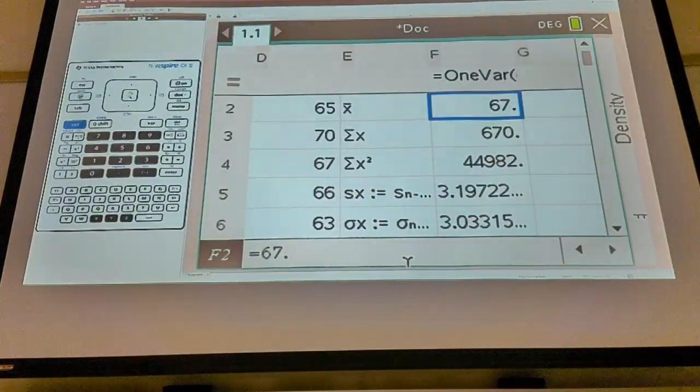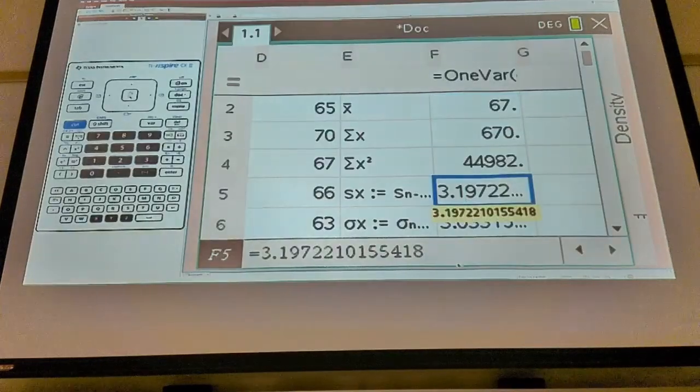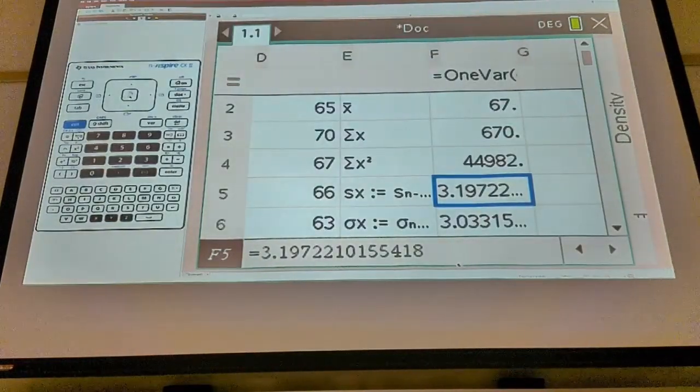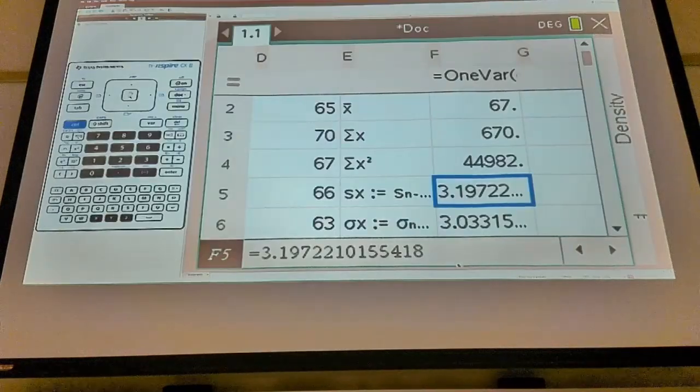So I'm just going to write down my x bar was 67, and my standard deviation, maybe we'll just drop to 3.197.